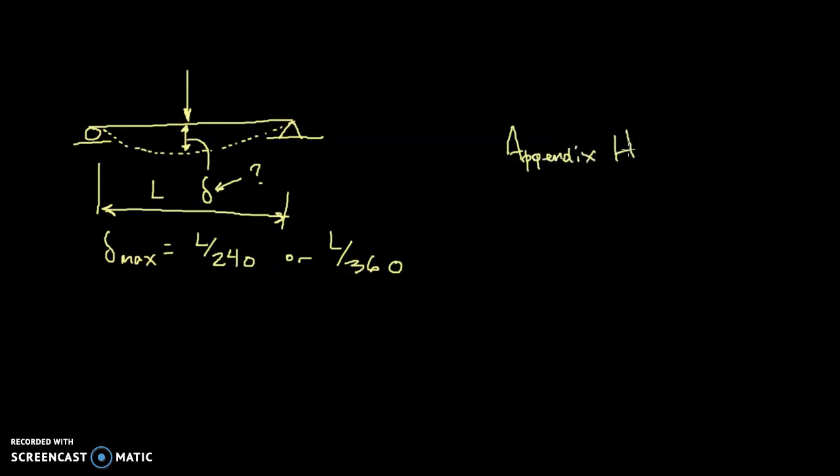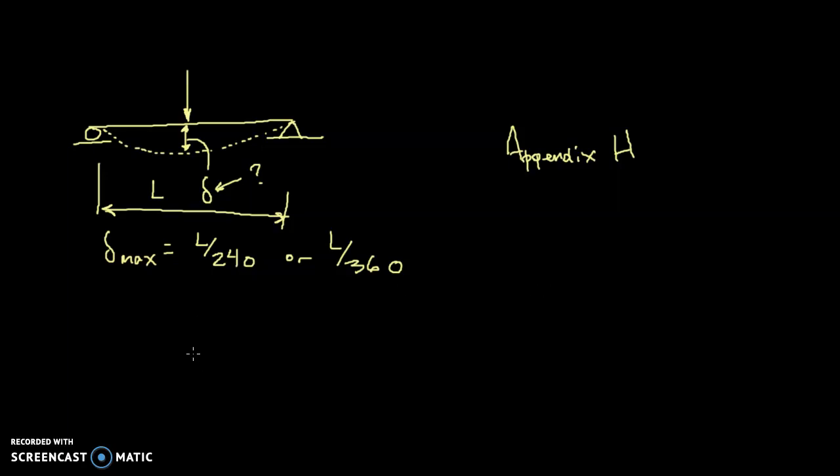What Appendix H does is it gives you lots of different support conditions and loading conditions, and you need to essentially find the one that matches the situation in the problem you're looking at and apply it.